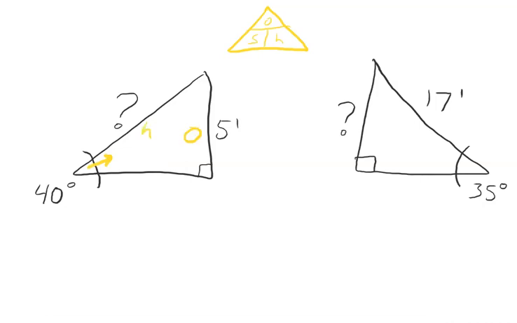So now we're going to do 5 over 40 sine, because it's opposite over the angle, and that's going to tell us what the hypotenuse is, the question mark. So 5 is the opposite, and 40 is the angle, which is sine. So go ahead and do that: 5 divided by 40 sine equals.